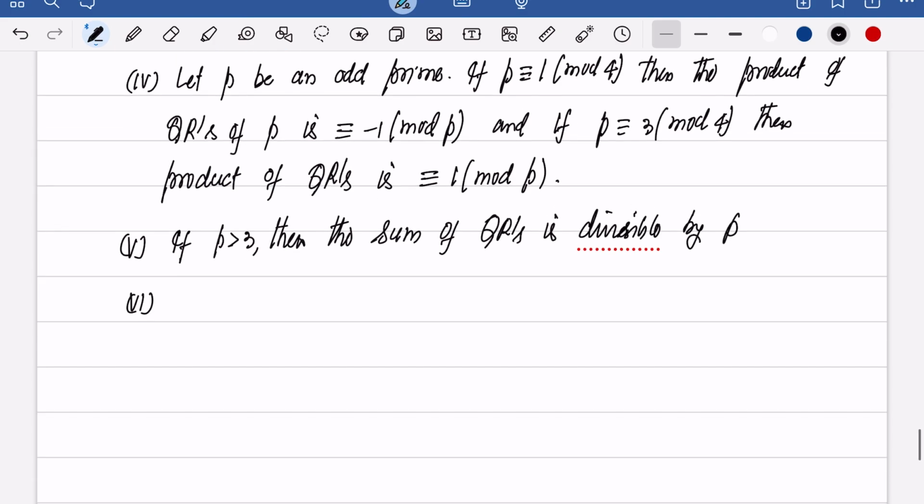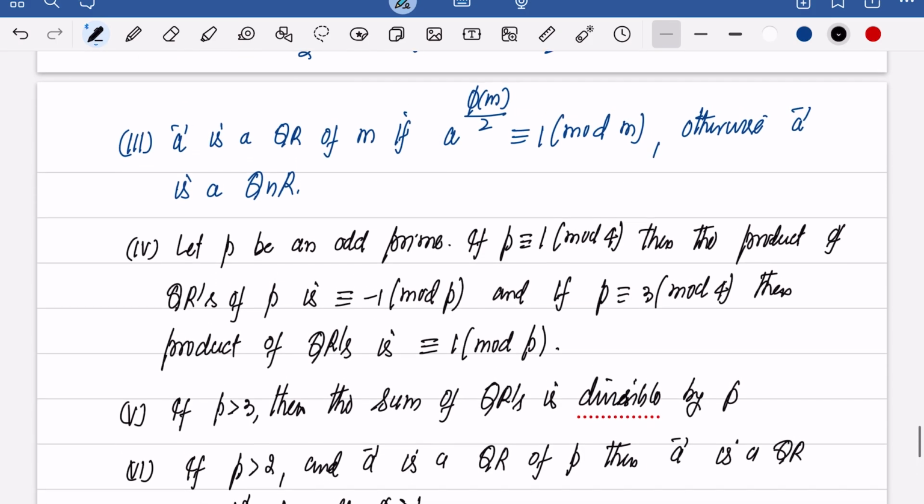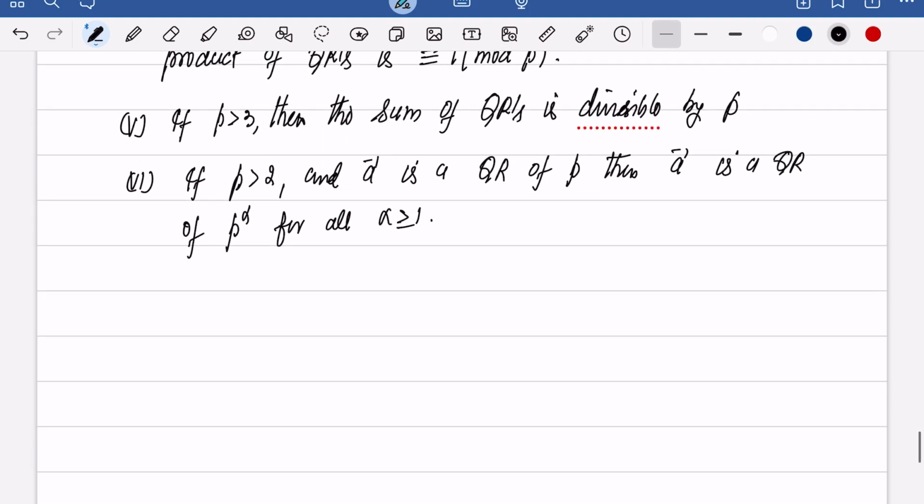And the last one: if p is greater than 2 and a is a quadratic residue of p, then a is a quadratic residue of p to the power alpha for all alpha greater than or equal to 1. So still we have not calculated how to verify whether a given integer is a quadratic residue or not with an exercise, but we will take up later on again.